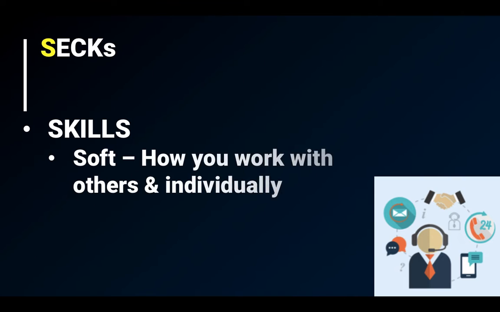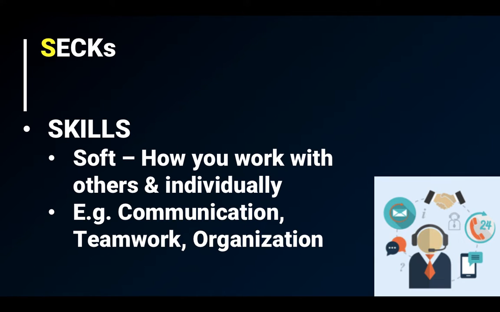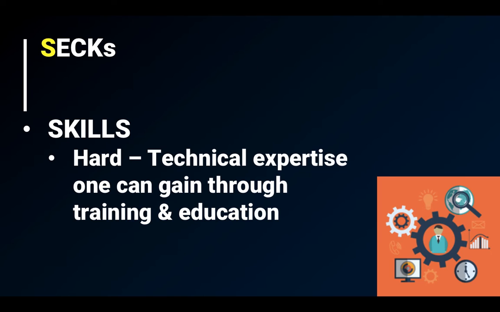So starting with soft skills, what do soft skills mean? So this is how you work with others, or individually. For example, we have skills like communication and teamwork and organization. And on the other hand, the hard skills refer to technical expertise that one can attain through training and education.